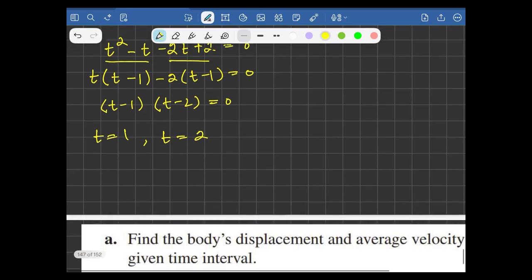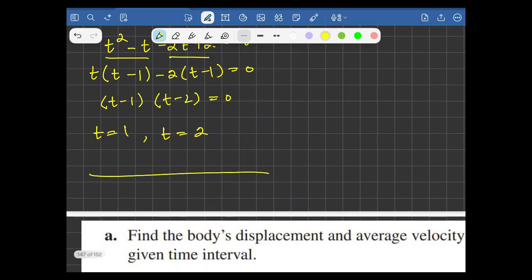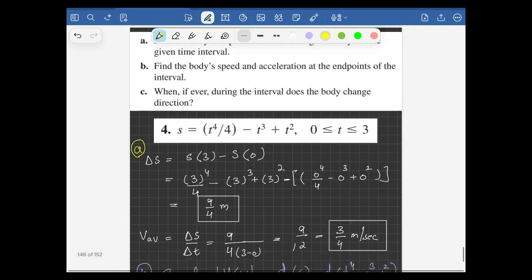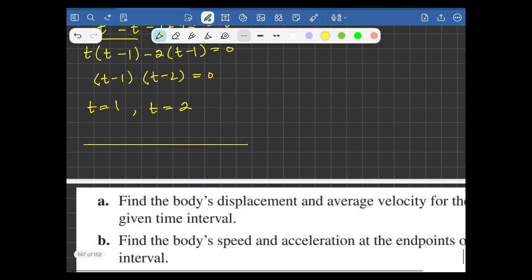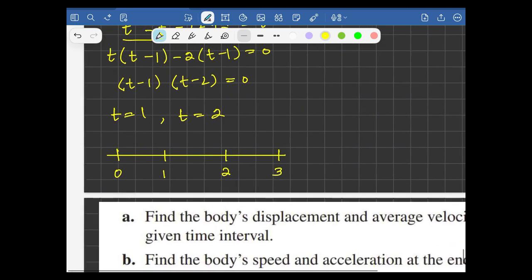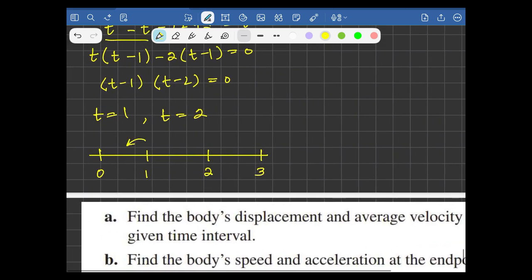Our time interval is given as between 0 and 3. So if we have 0 here and 3 here, and 1 and 2 over here, we need to find the values before and afterwards of our time interval.